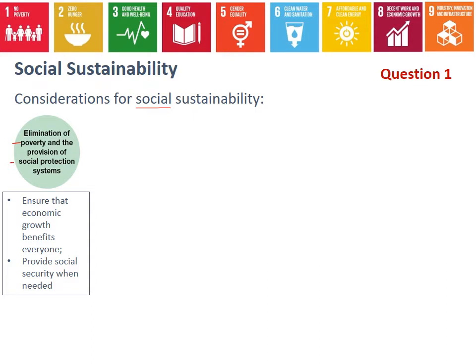Okay, so to have a sustainable social group moving forward, we need to get rid of poverty, and that might mean providing social protection systems. So this ensures that economic growth benefits everyone. Remember, we're talking about all citizens, and it provides social security when needed. So things like unemployment assistance, housing, food support, healthcare, all of those things we've looked at before.